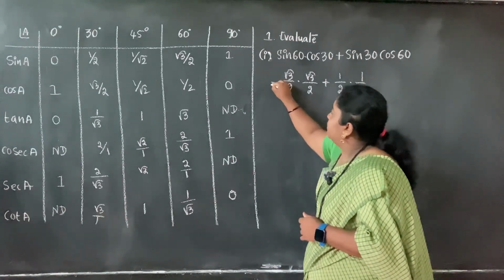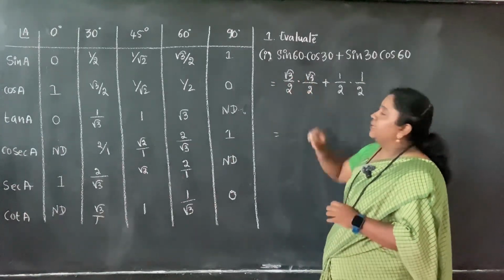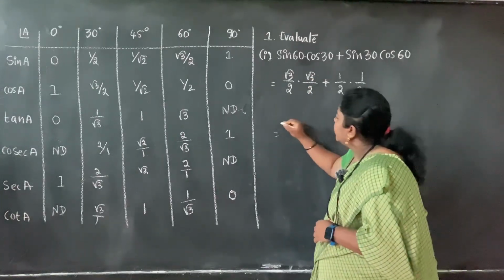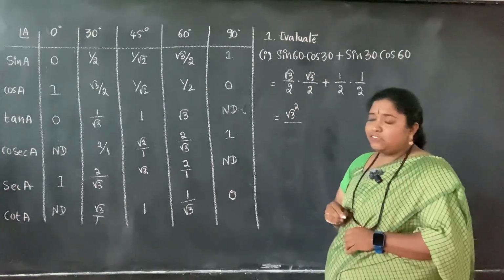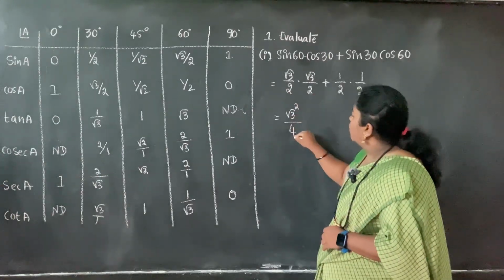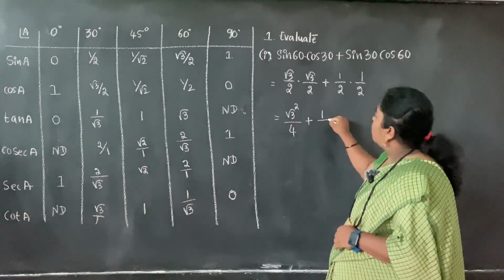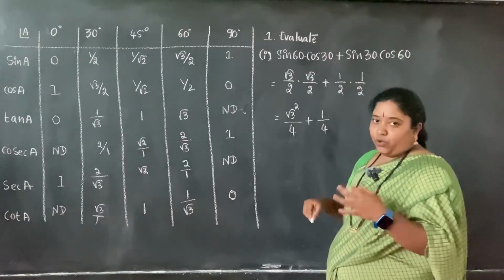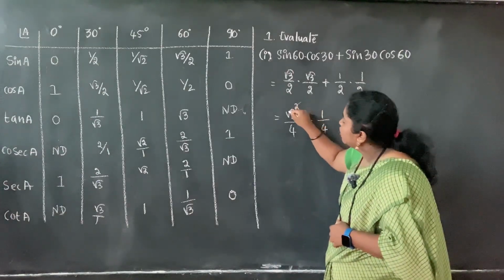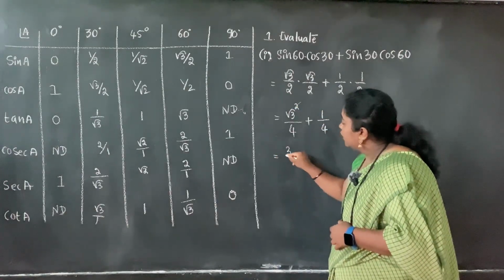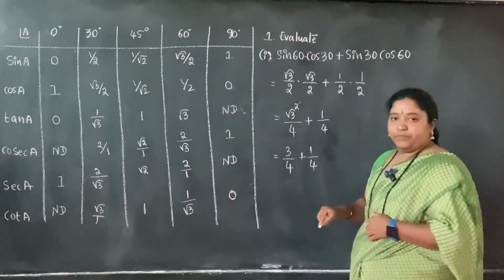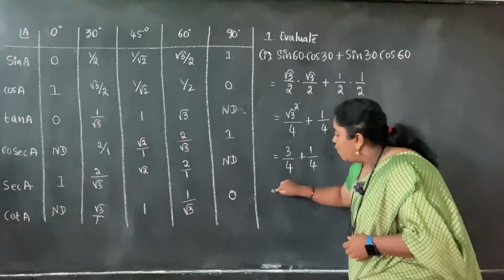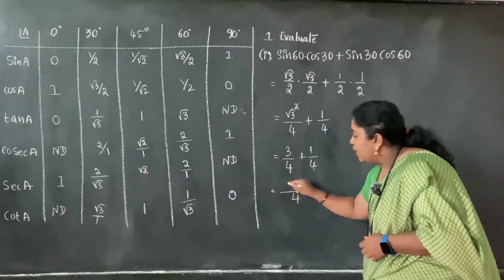Okay. Now simplify this one, dears. Root 3 into root 3 will become root 3 the square. So 2 2s are 4 plus 1 1s are 1, 2 2s are 4. And you people know that square and root will get cancelled to give me 3 by 4 plus 1 by 4, where LCM is 4.